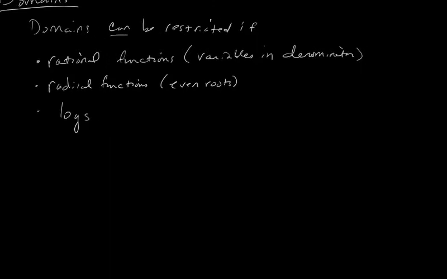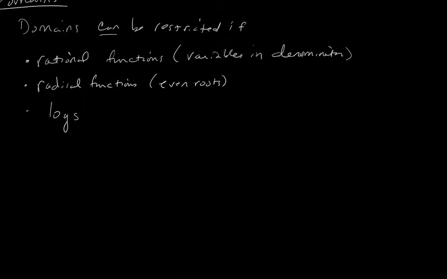In the first instance, we cannot allow the denominator to be equal to 0. So we can find restrictions on the domain by setting the denominator equal to 0, finding those values and excluding them from our domain. For radical functions, the radicand must be greater than or equal to 0.